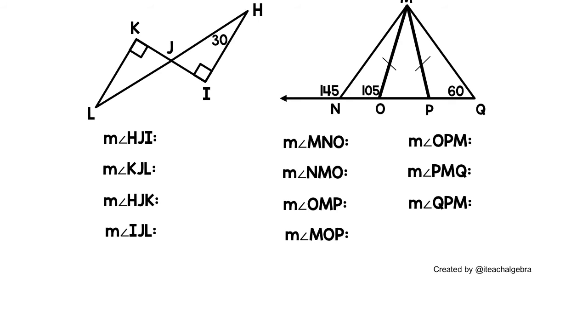Let's do this bottom left one. We know that angle H is 30. We know that angle I is 90. So let's find HJI first. 180 minus 90 minus 30 is 60.